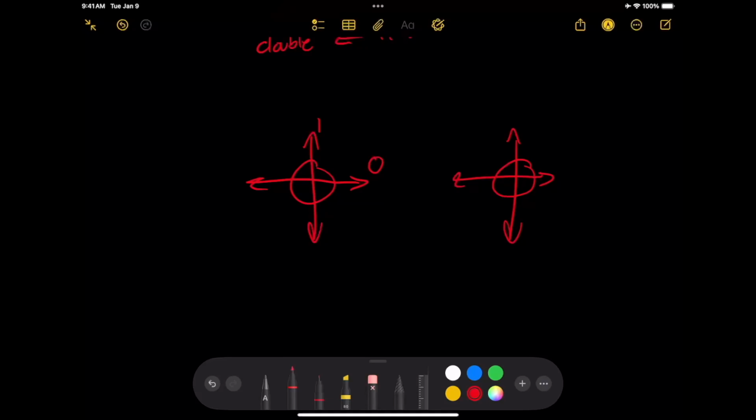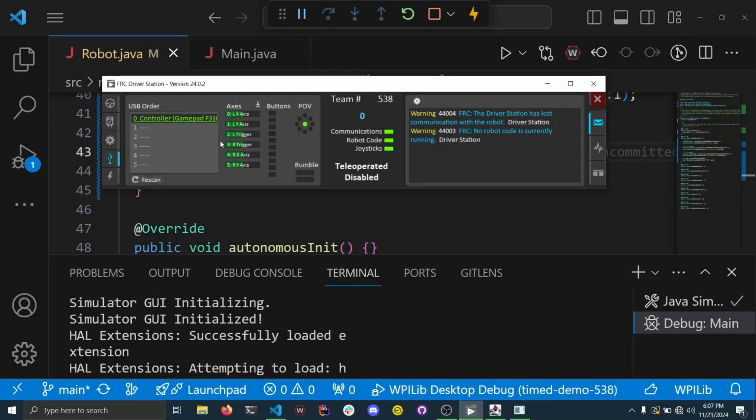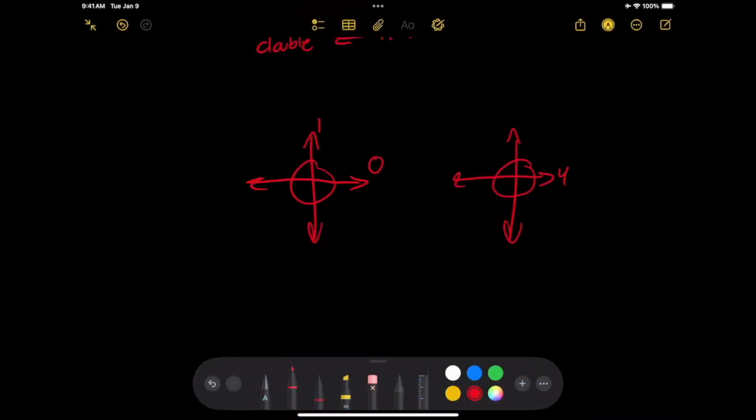Looking at Driver Station, if you move the right joystick side to side, which axis moves? RX and RY. And what are their numbers? No, which number is the axis? Oh, 4. 4 for left and right, and 5 for up and down.